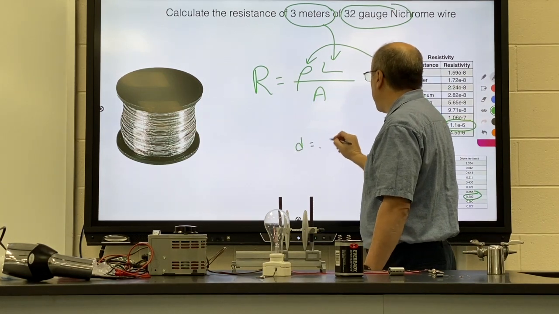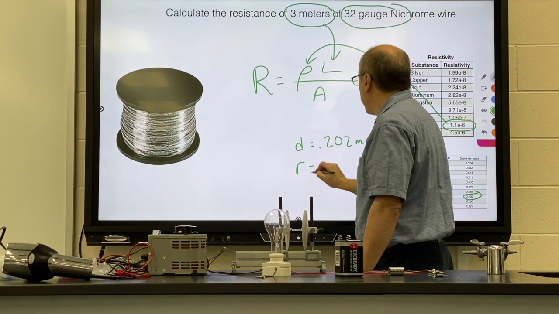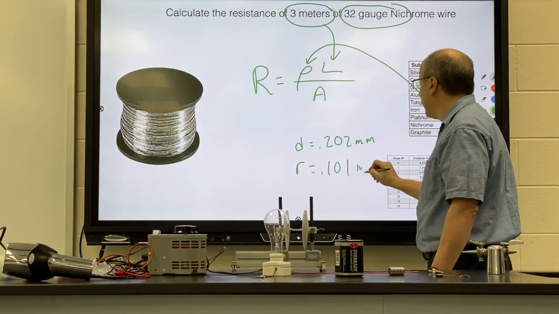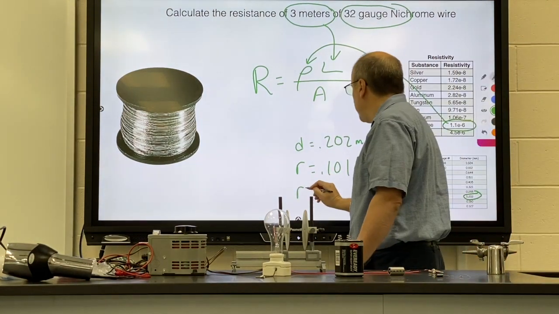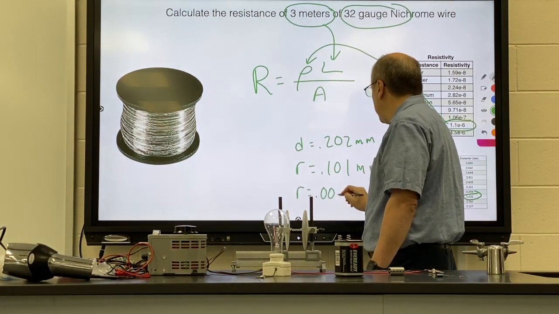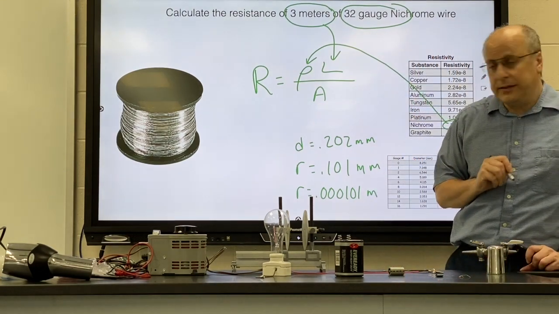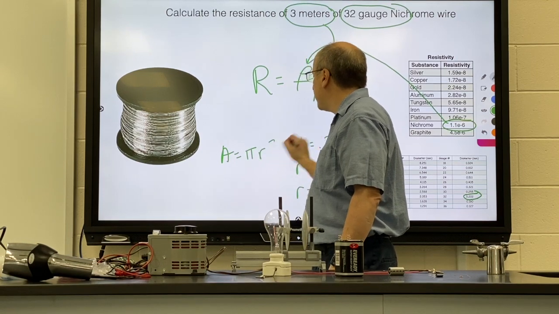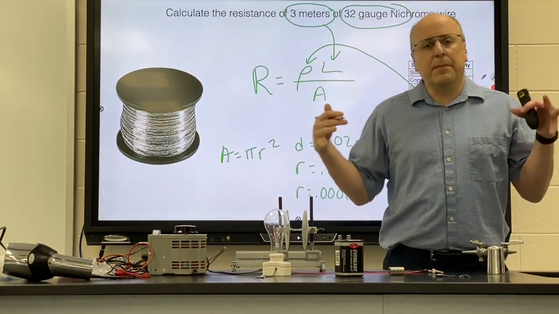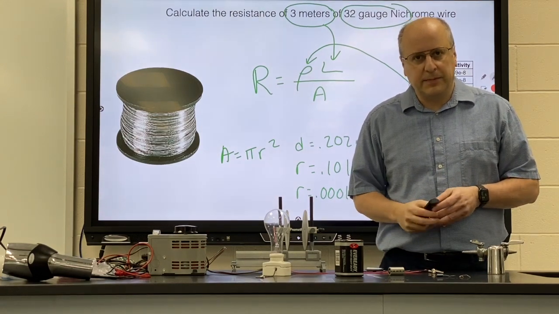It says it's got a diameter of 0.202 millimeters. You have to cut it in half to get your radius. You then have to change it into meters by dividing by 1,000. And finally, you put it into the area equals pi r squared equation. Combine it all together and see if you can get the resistance of this wire.